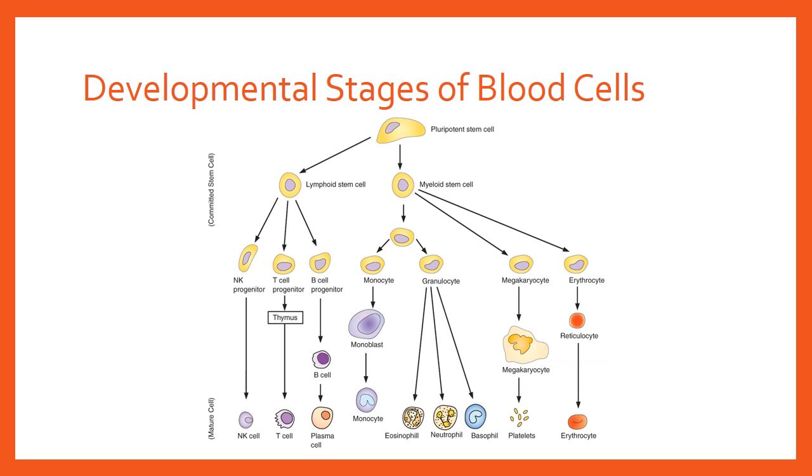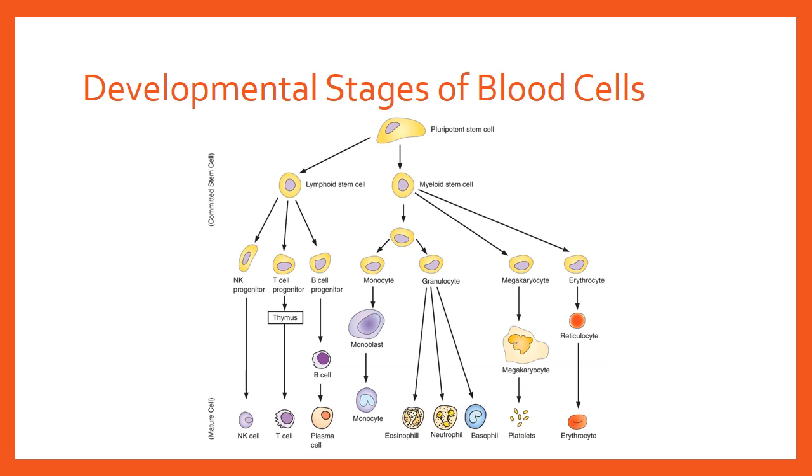Granulocytes, this is an important concept, can be transformed into three different types of cells: eosinophils, neutrophils, and basophils. They are still considered granulocytes because they have granules. And as we talked before, granules can have substances inside them that may have some toxic properties for the invading organism.